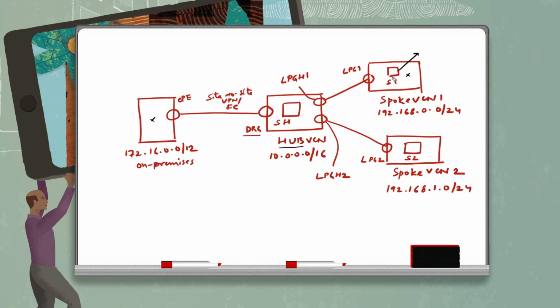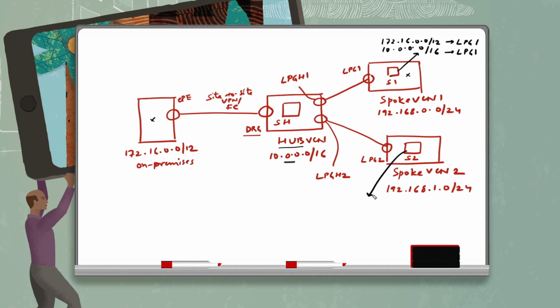So here, in case of subnet 1, we can have 2 rules in the route table. If the destination is 172.16.0.0/12, what is going to be the next hop? That means from here, if the destination is the on-premises network, your next hop is going to be the local peering gateway 1. Similarly, if the destination is 10.0.0.0/16, then also this is going to be the next hop.